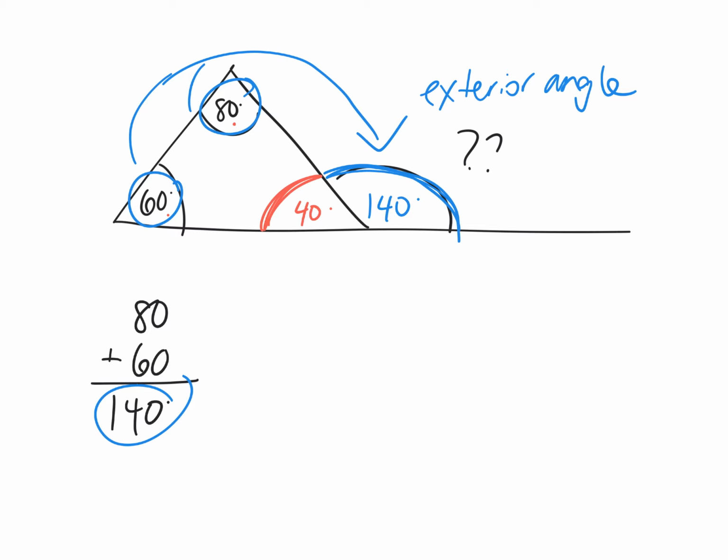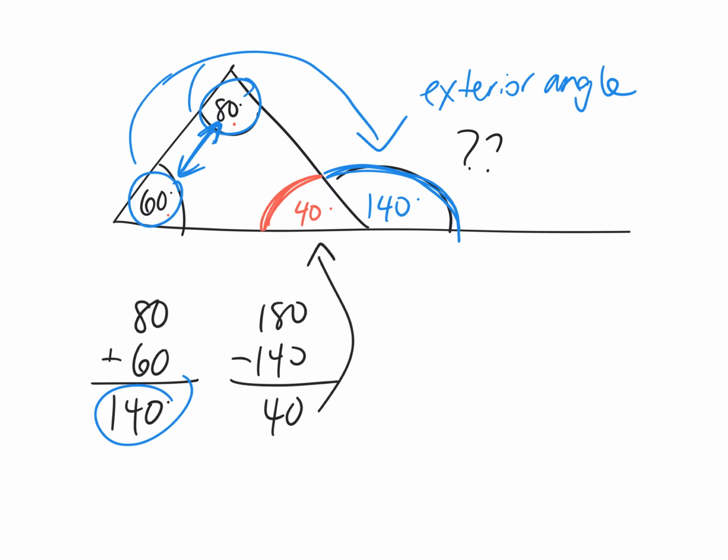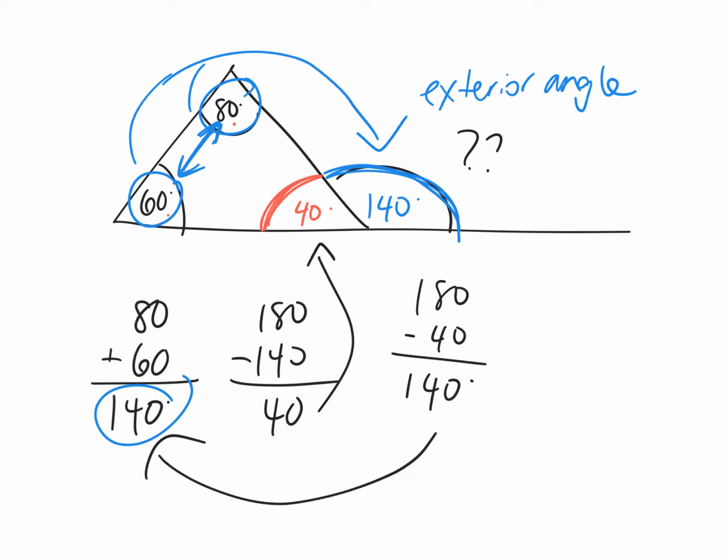Does that make sense? Because this plus this, if I take that away from 180, I'll get the interior angle. But then to get the other angle on the straight line, I have to take that away from 180, which brings me back to this original answer, right? Does that make sense?